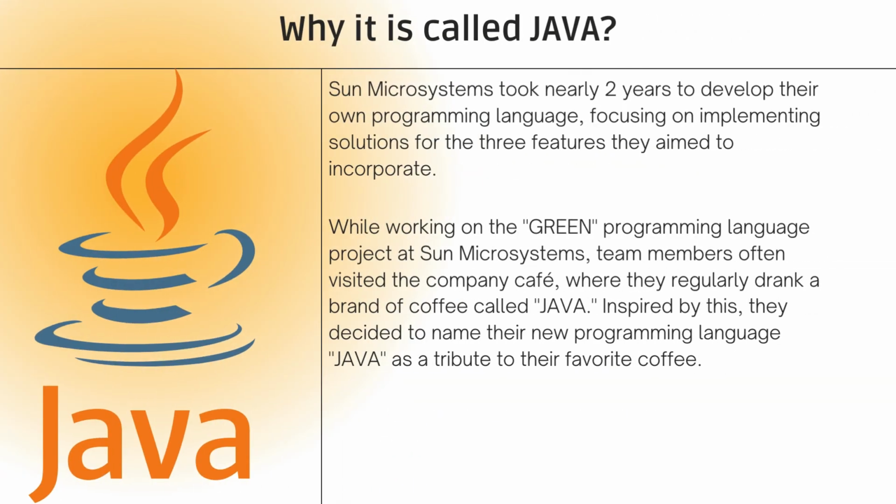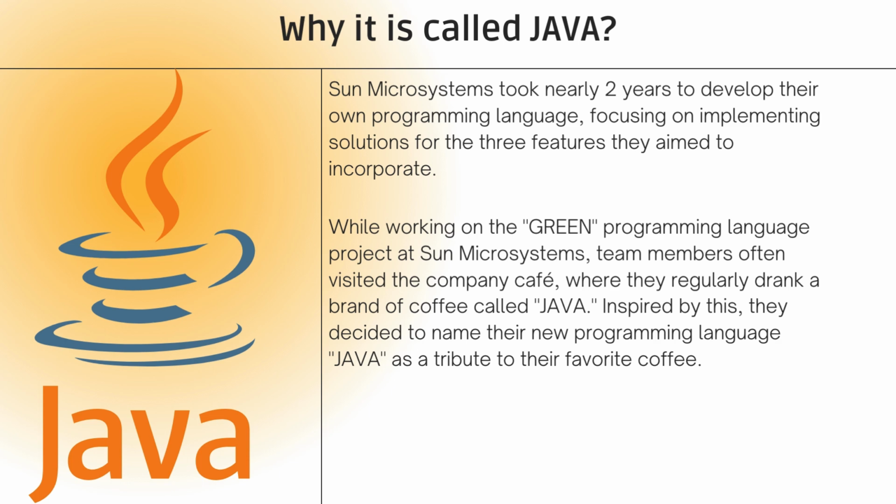Now, let's see why it is called Java. It's a very interesting story. Sun Microsystems took 2 years to develop their own programming language, and they implemented all three features: that is, the programming language should be simple, tightly coded, and architecture neutral. Now they wanted to give a name to their new programming language.